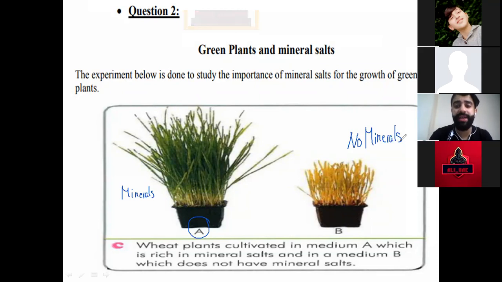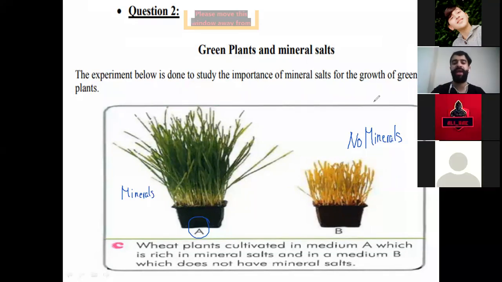If I told you, Adnan Al-Auni, compare the aspects of these plants, A and B, what can you say? Plant A is green and growing in a good condition. Adnan, whatever you are comparing, you have to mention the variable factors. I have to say, plant A that contains mineral salt.